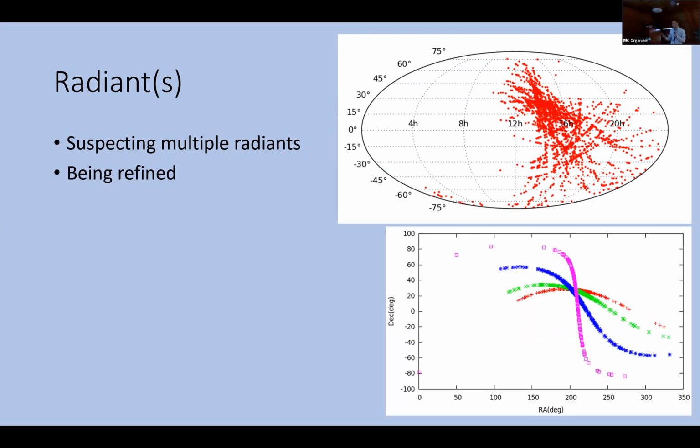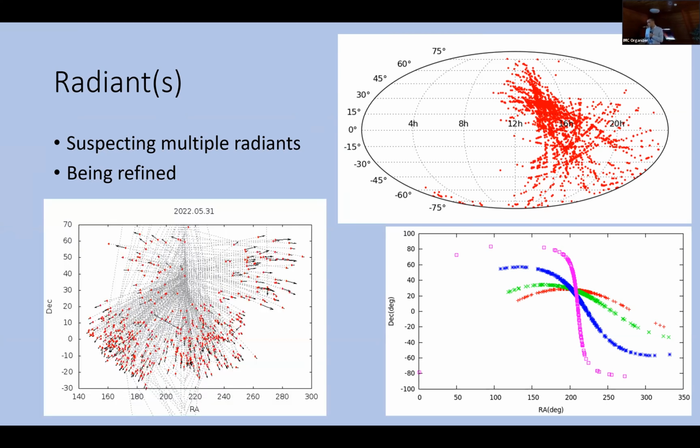So then we refined it a bit, and we had a graph like this. We grabbed meteors that we were pretty sure were Tau Herculids, and then we only watched their crossing with sporadic meteors. So it's almost like a random part of their trail. And now we can see they are converging somewhere there.